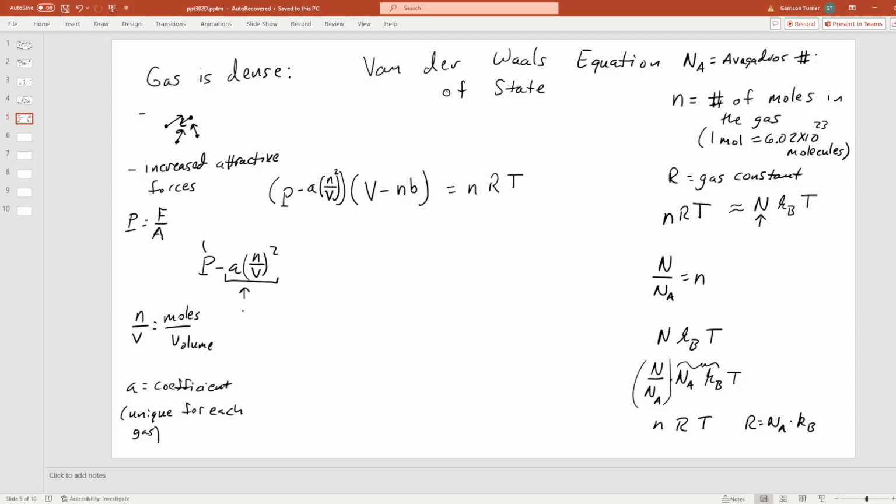And these forces, because they're attractive, they decrease the pressure. They're pulling the molecules toward each other, and that's why this is a minus sign. Okay. So this is your pressure relative to vacuum.